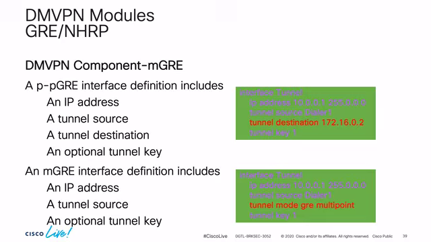What would we define in case of a point-to-point GRE tunnel interface? In case of both the point-to-point and MGRE tunnel interface, there are some things which are common. Both of them have to have a tunnel IP address to identify the tunnel interface, and both of them need to have a tunnel source.